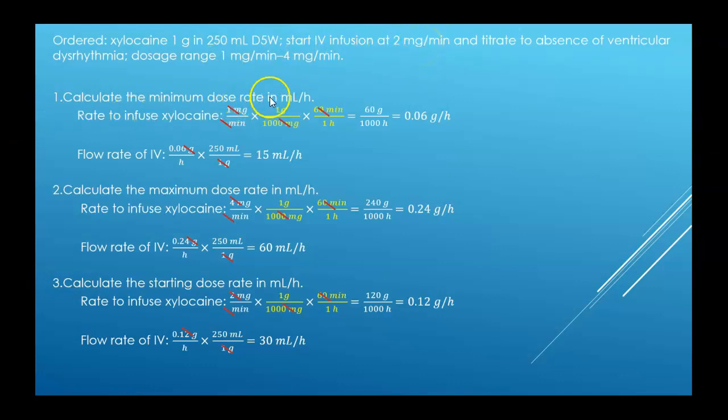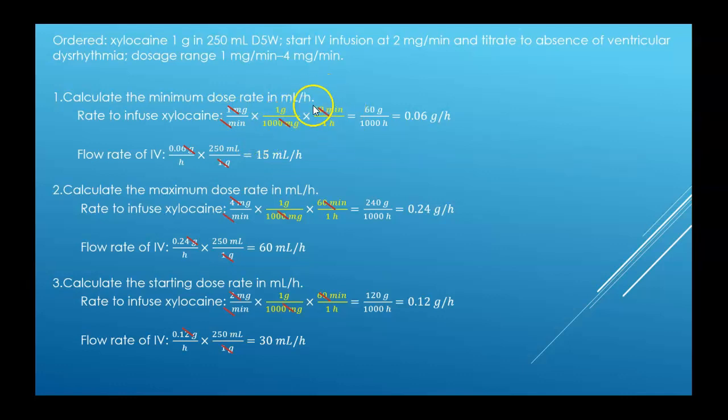So the minimum dose rate or flow rate in milliliters per hour. So we take our infusion rate, minimum 1 milligram per minute. And our on hand is actually in grams. So we're going to use a conversion factor to change that to grams per minute.